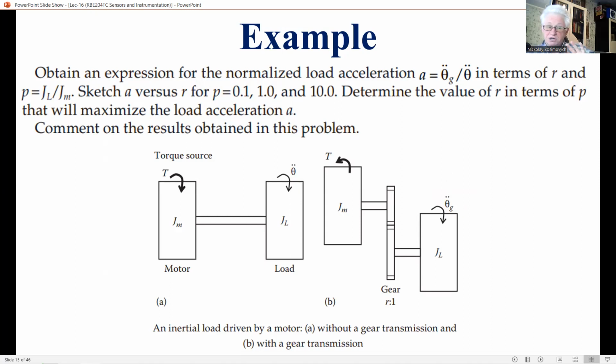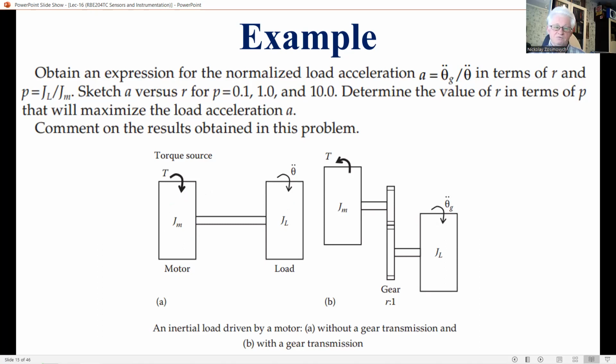Obtain the expression for the normalized load acceleration, the ratio of the load acceleration theta double dot sub L over theta double dot, in terms of r and p. p is the ratio of J sub L over J sub M.